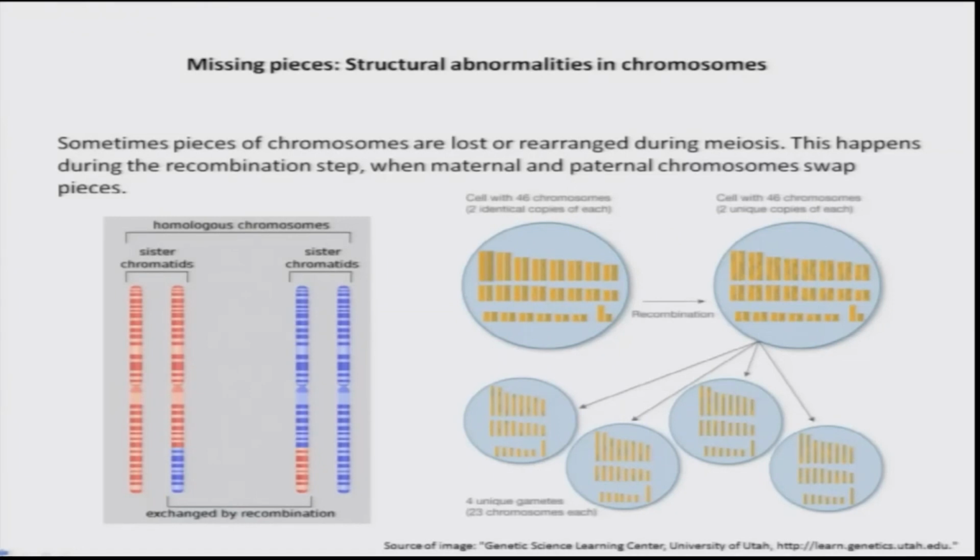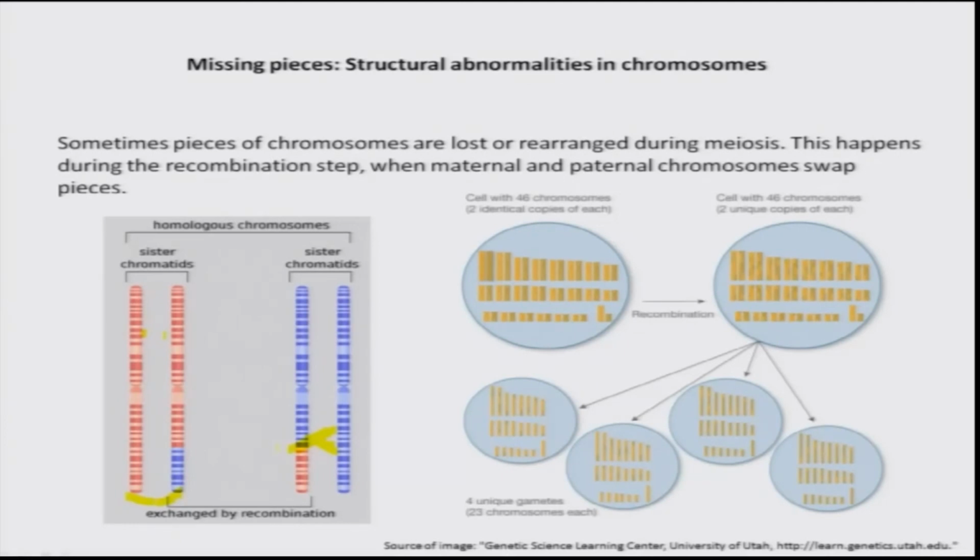Fortunately, the frequency is extremely low, but it happens because there is an active process of recombination wherein there is an exchange between the sister chromatids, the copies of the homologs, like what is shown here. So you have sister chromatids both representing the same chromosome, for example chromosome 1, and there is an exchange between them. As a result, you have a new combination that comes in.